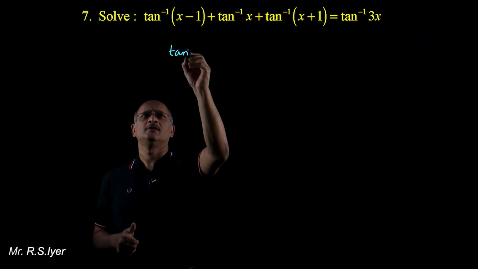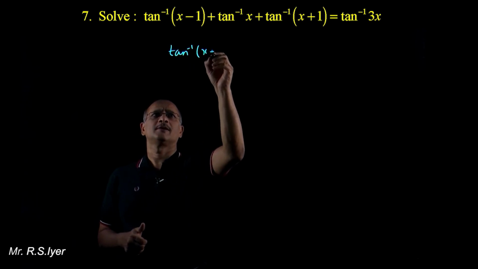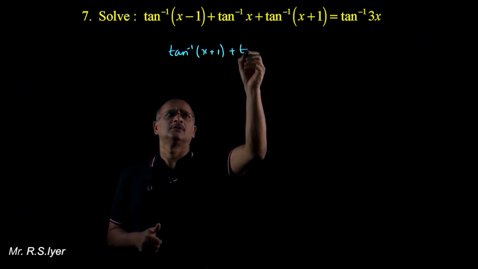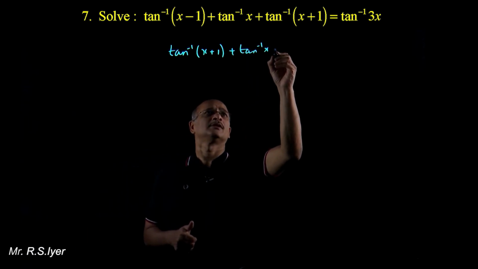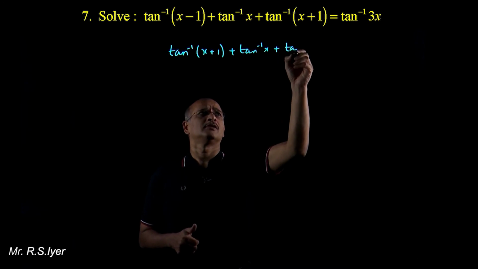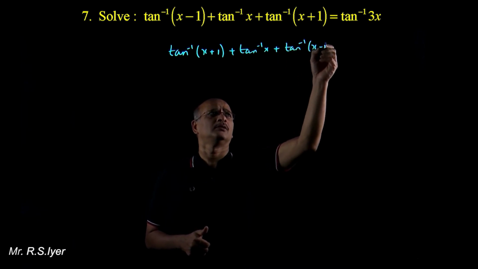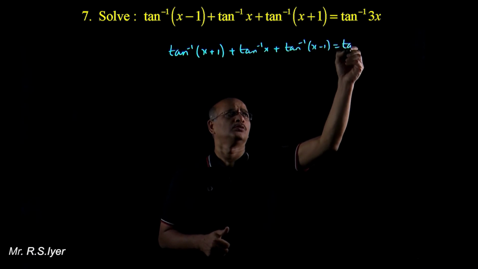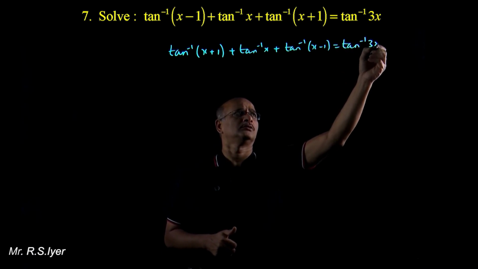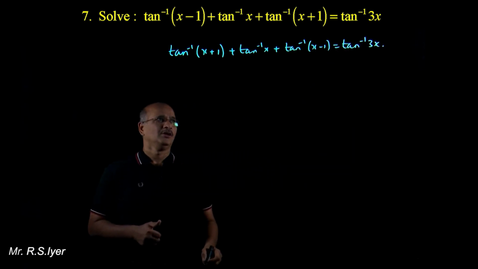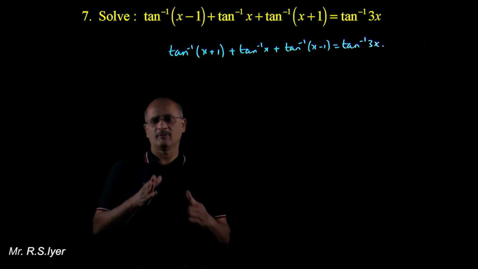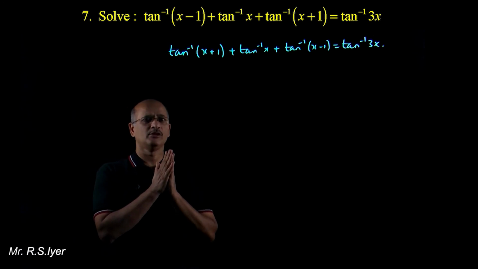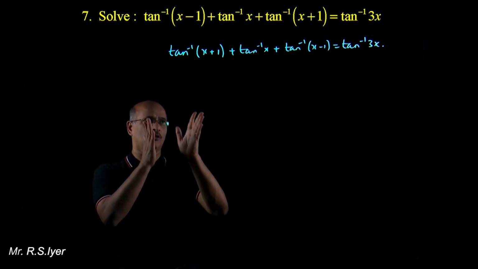It is given tan inverse x plus 1 plus tan inverse x plus tan inverse x minus 1 is equal to tan inverse 3x. So solve. When I say solve, remember I told you before also, solve implies that you need to evaluate and find the value of x.